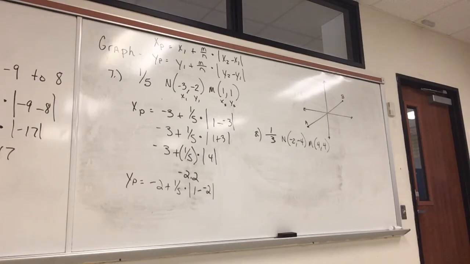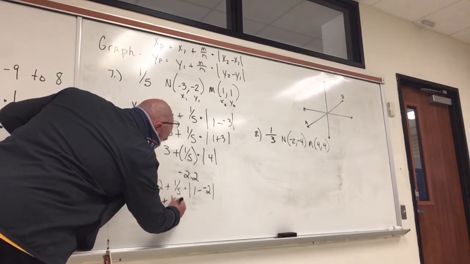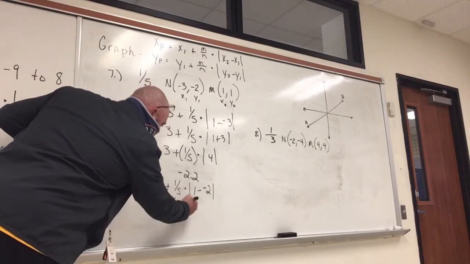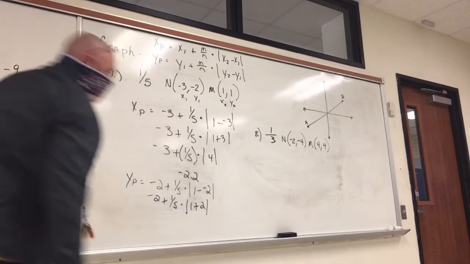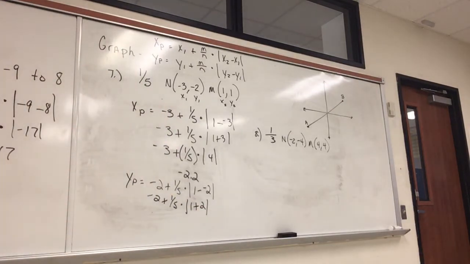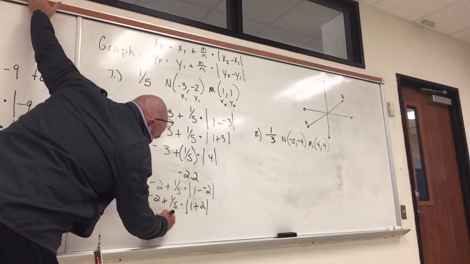Everybody with me? Alright, so I'm gonna rewrite that. So I'm gonna go negative 2 plus 1/5 times the absolute value of 1 plus 2, because minus the negative makes positive. Okay? Alright, we got negative 2 plus 1/5.